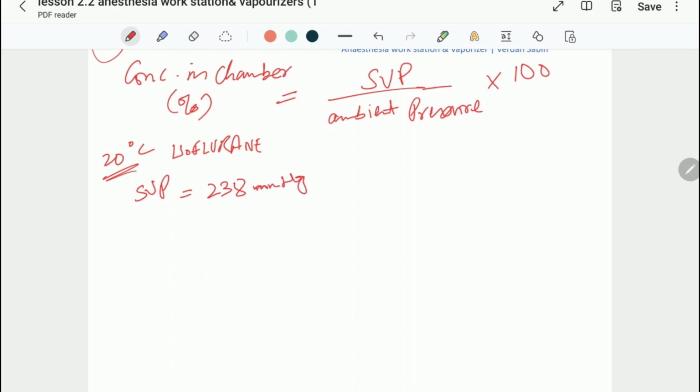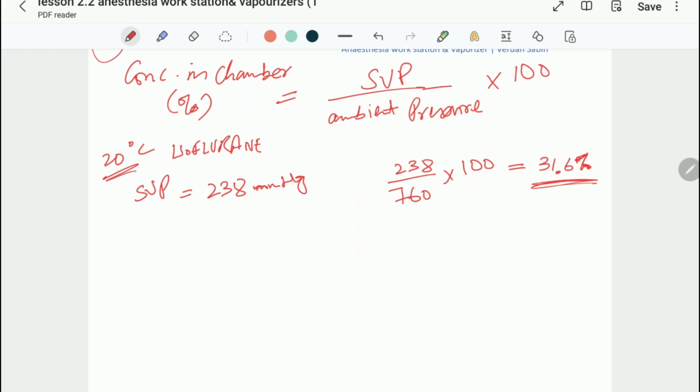Now at standard sea level atmospheric pressure, which is 760, the concentration in the chamber will be 238 divided by 760 into 100. This will be almost 31.6%. This will be the concentration of vapors inside the vaporizing chamber.